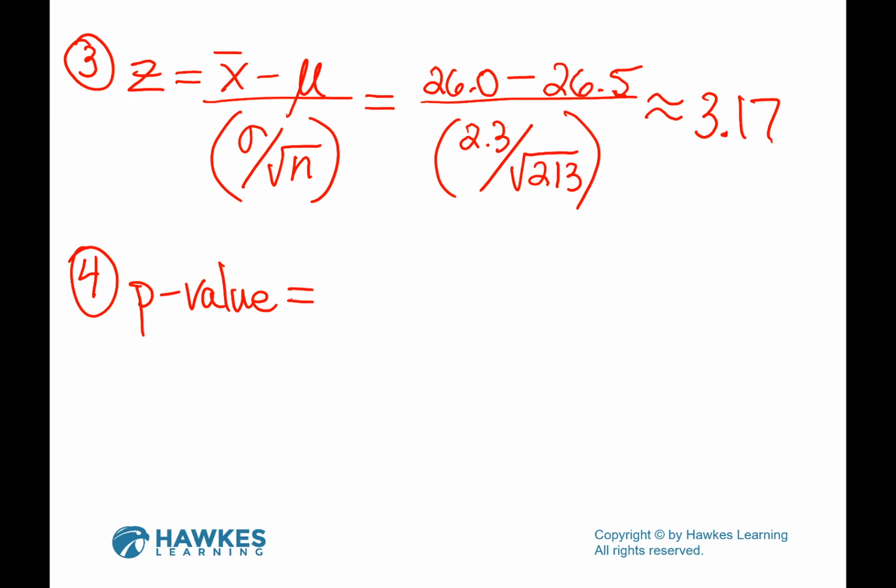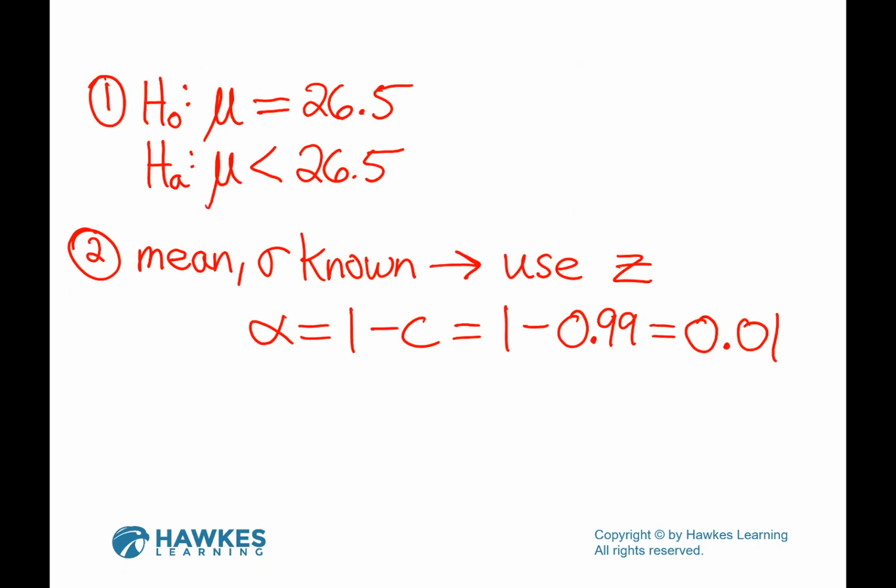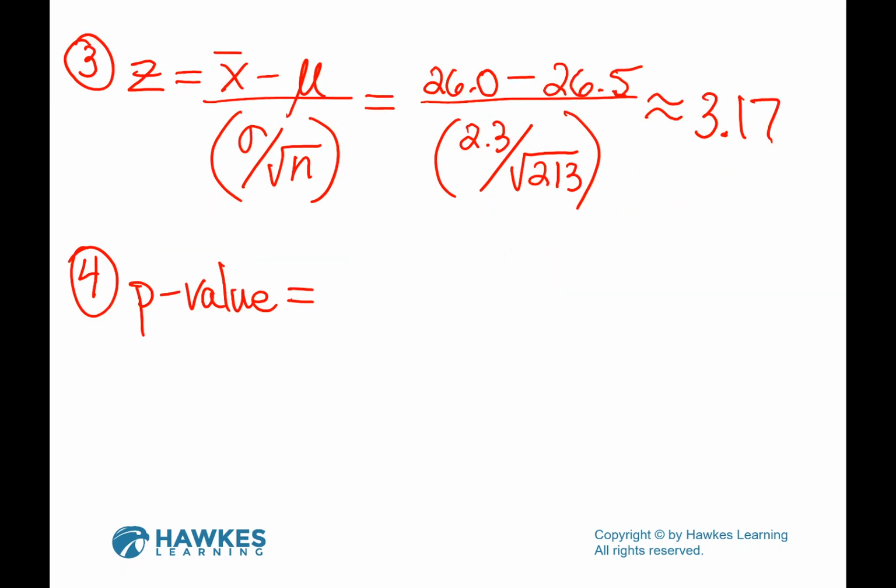So we'll go back to our alternative hypothesis. Okay, so our alternative hypothesis here, we have a less than symbol. So what type of test is this one? The left-tailed, yeah, left-tailed. Points to the left, so left-tailed. On this one for our p-value, we want the area to the left.